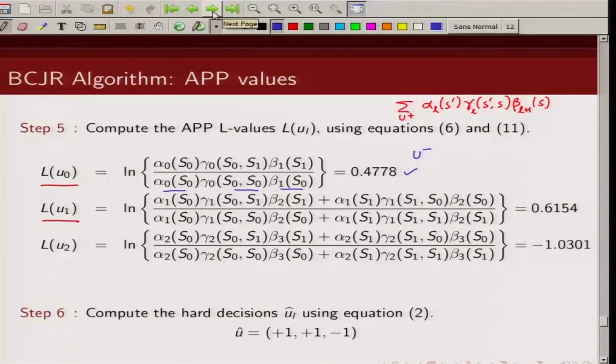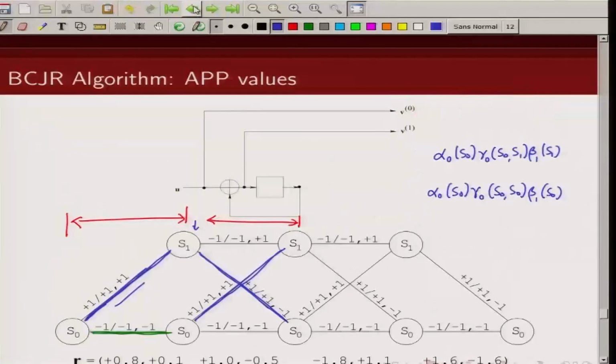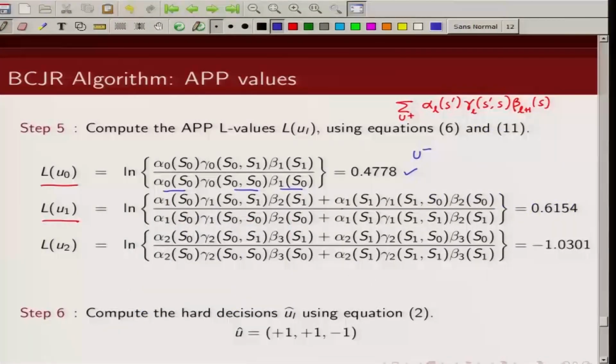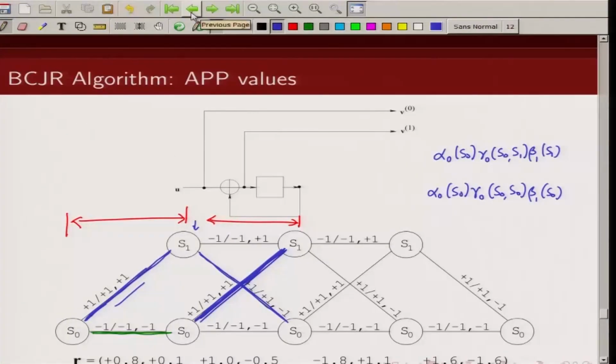That is what you see here. There are two terms: alpha 1 S 0, gamma 1 S 0 S 1, beta 2 S 1, which corresponds to this transition, and the next term corresponds to this transition. Similarly, in the denominator, you need to look at the valid transitions corresponding to UL minus 1.